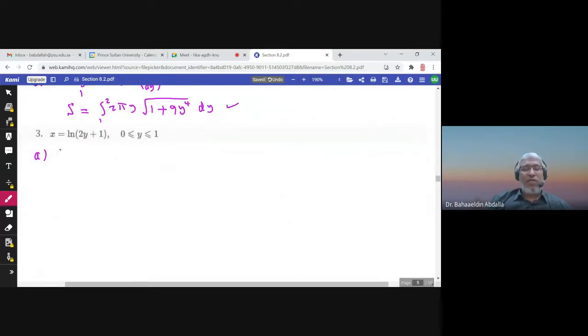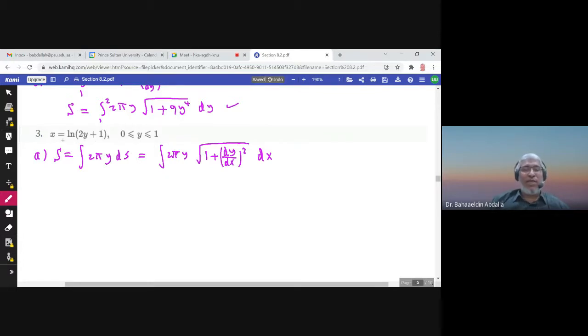If the rotation is about the x-axis, then it is 2 pi y ds. And I can write ds as an integration with respect to x, like this. And now I need to find x from where to where.